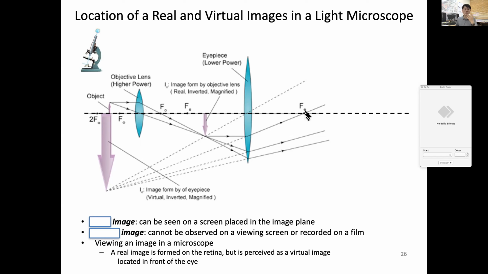But we always have to think that how we perceive the outside world is based on the direction of the rays, because they have to focus down onto our retina, and we have to recognize where the rays come from. If we have only these rays available, we consider the rays as coming from this far point where they were supposed to have a focus. So this is what we perceive.